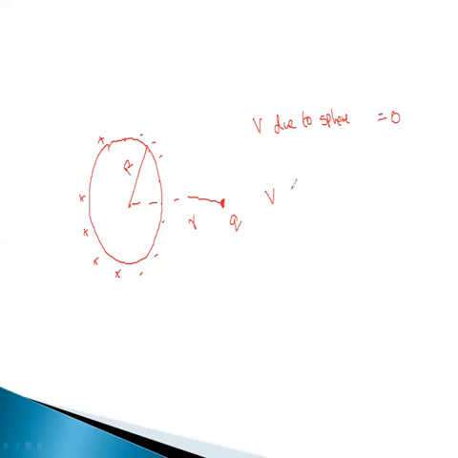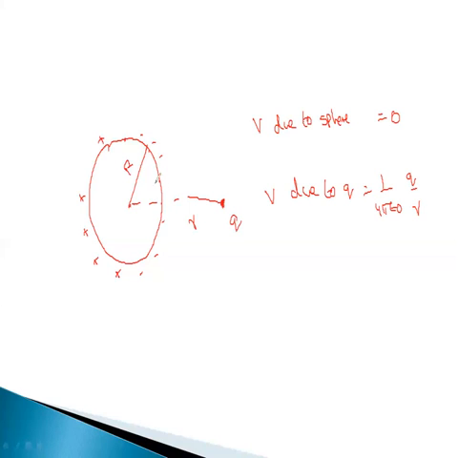And what about V due to charge q? That is nothing but 1 by 4 pi epsilon naught q by small r at any point on the sphere. Always you have to take the center as a reference. At any point on the sphere, the potential will be 1 by 4 pi epsilon naught q by r.